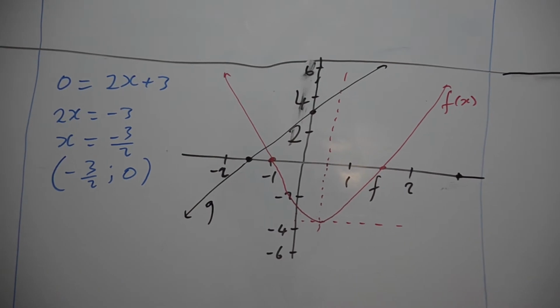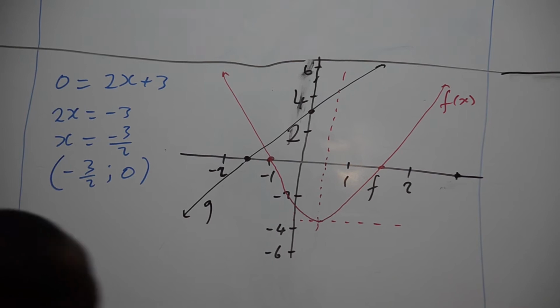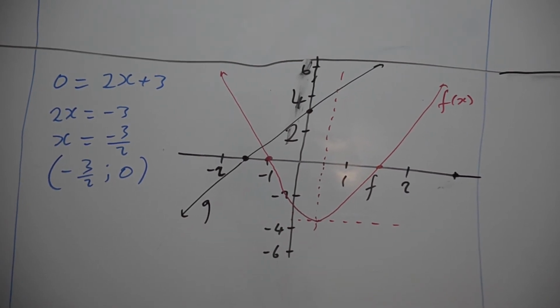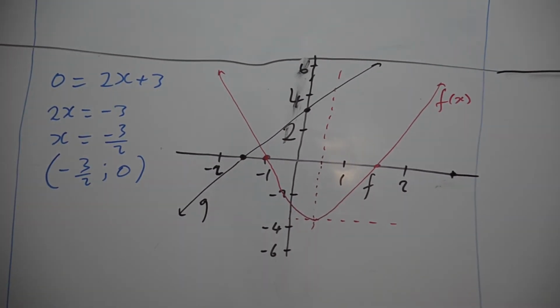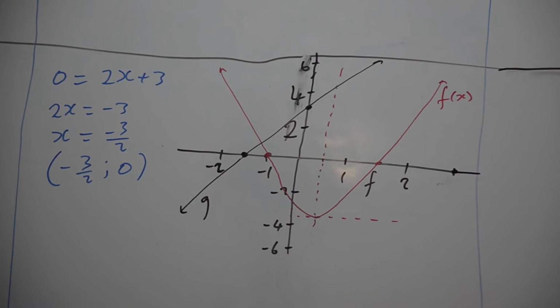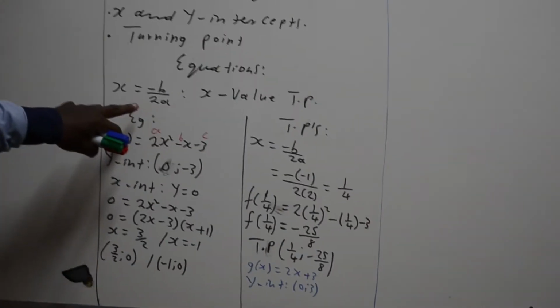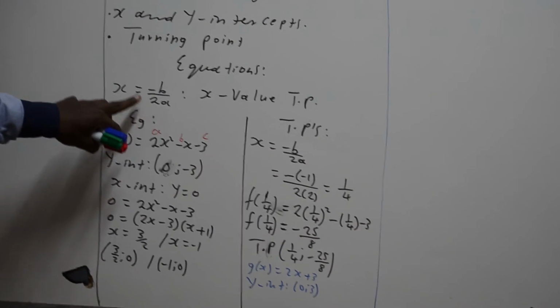So that's what you normally do with sketching. Then they will ask you questions: if you know how to sketch these values, they give you your marks. They can ask you range, they can ask you domain, but we will reveal that with graph interpretation. So this is what you have to know with parabola, with sketching. They will give you the equation, so you should know how to calculate your turning point from the equation.